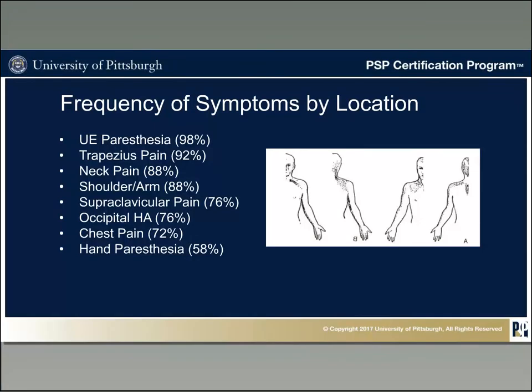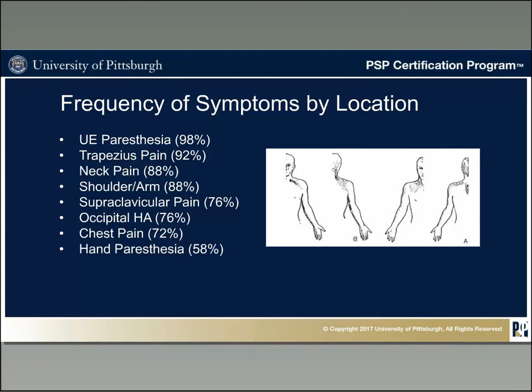When you look at the common features of thoracic outlet syndrome and what patients will be complaining of, in most cases, there's going to be some form of upper extremity paresthesias. They may report some stiffness or tightness or maybe even pain in the trapezius area. Some may also experience some lateral neck pain or discomfort as well.